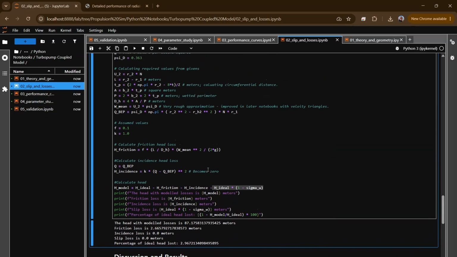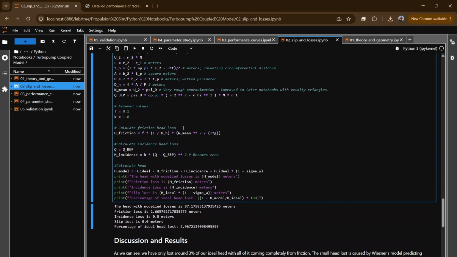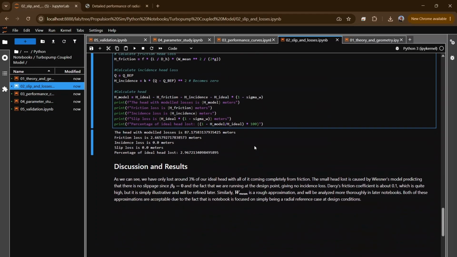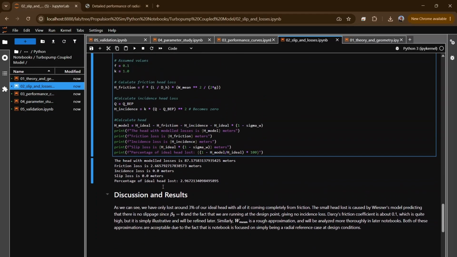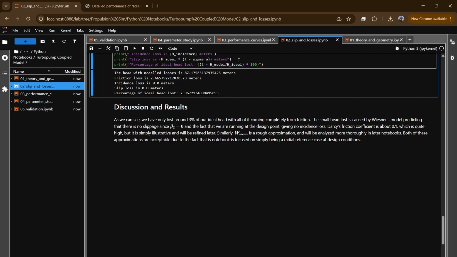W mean, we also use a rough approximation here. So this will be iterated in the next notebook because it's quite a bad assumption, quite a bad approximation, you could say. So there's no slippage. Incidence loss is 0 because we are at QBEP. And that's essentially it.